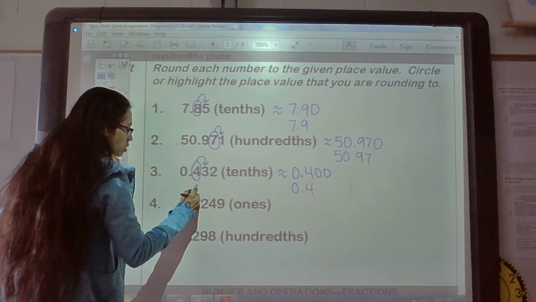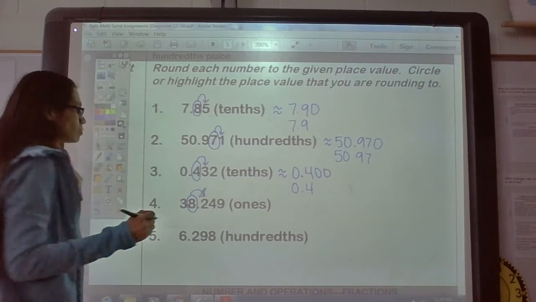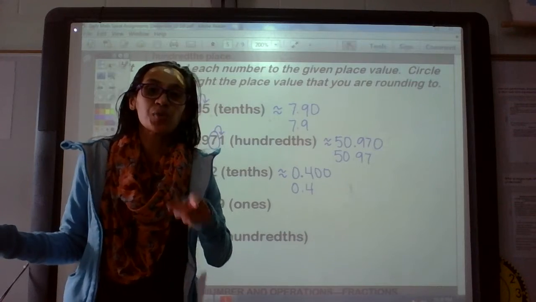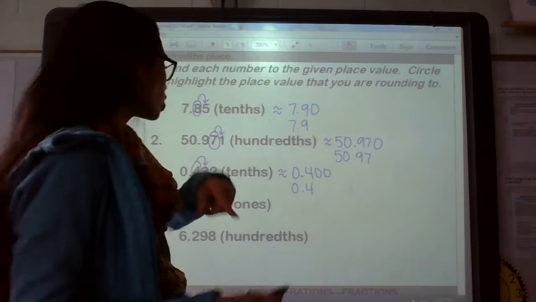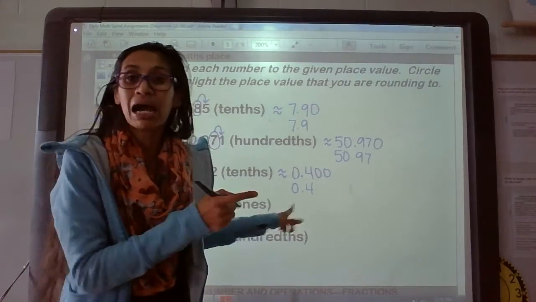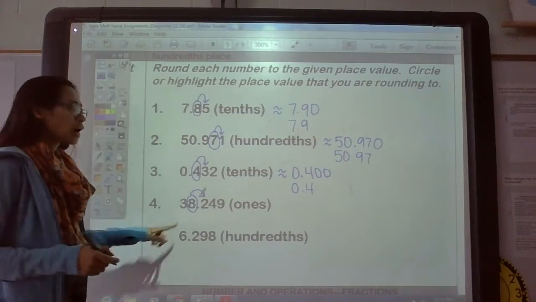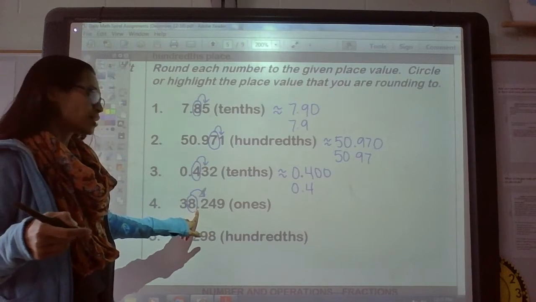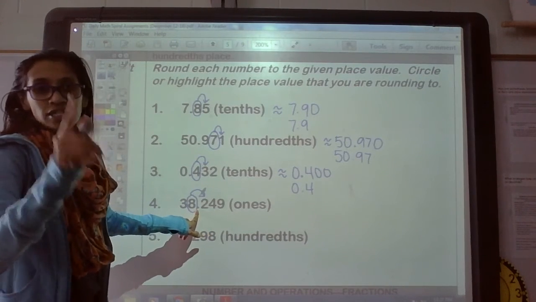It looks next door. Hi, number 2. What is up with you? These numbers like to rhyme, just like Miss Alana likes to rhyme too. Is that 2 less than 5 or 5 or more? It is less than 5. So this 8 does what? It stays the same.